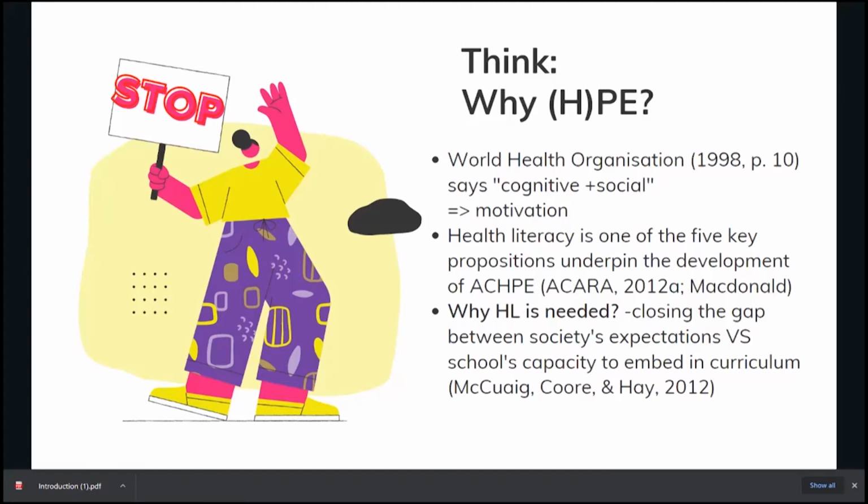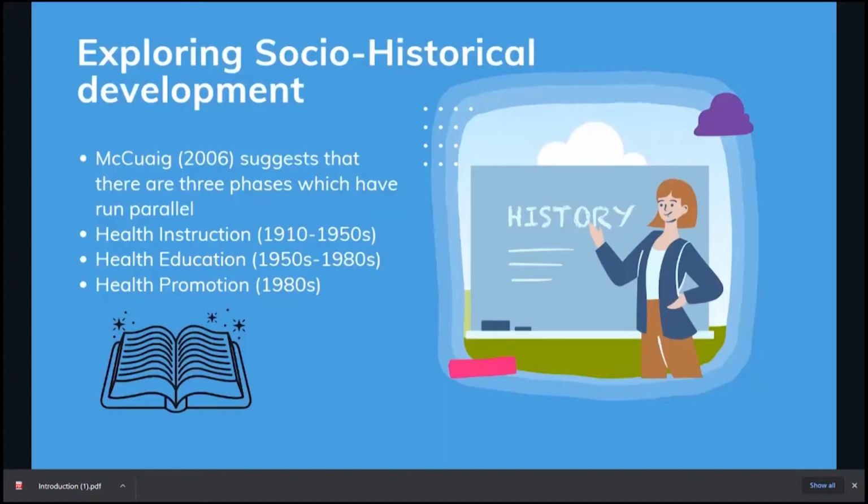Before moving to the definition of HPE, it's very important to understand its socio-historical development. McCuaig suggests that there were three phases. First, health instruction, from 1910 to the 1950s, in which the promotion of fitness, sobriety, and purity was emphasized, and building health, morality, and character was the main focus.